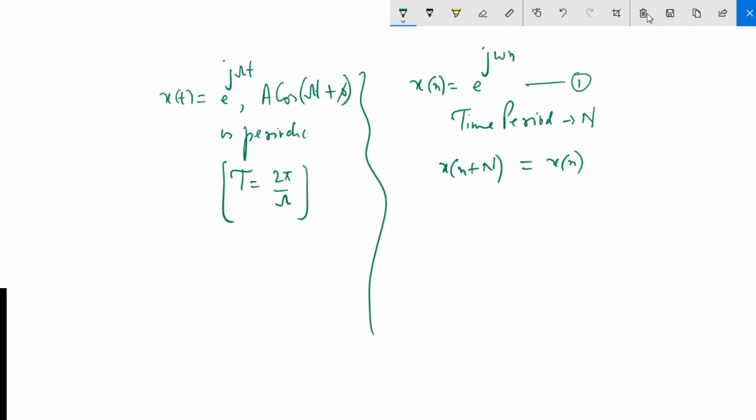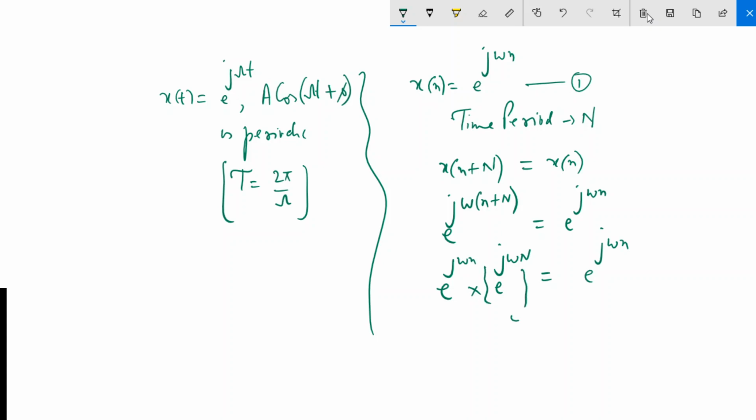Okay, now if you use this equation here, you will get e raised to the power j omega, in place of n, I write n plus N. This should be equal to e raised to the power j omega n for periodicity, or e raised to the power j omega n into e raised to the power j omega capital N must be equal to e raised to the power j omega n. So again this factor must be equal to 1. Then only this equation will hold and it will be periodic with a period of N. And e raised to the power j omega N is equal to 1.